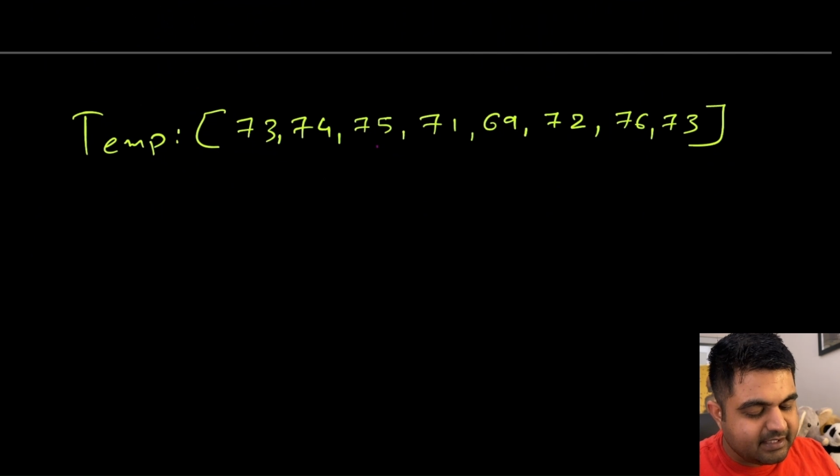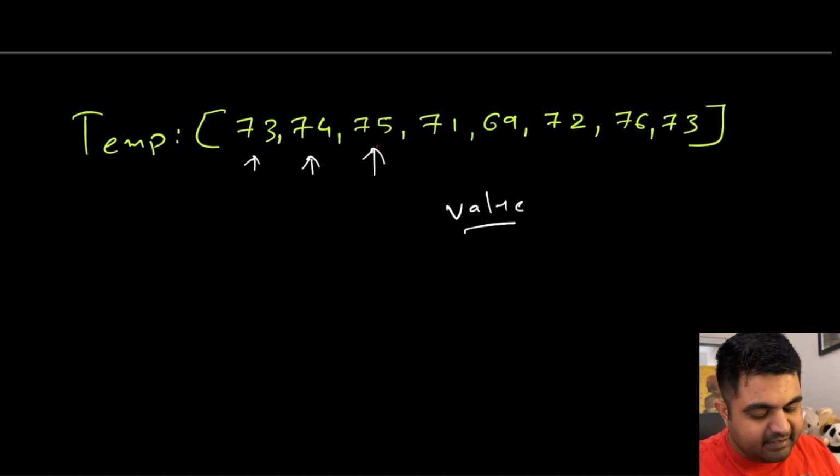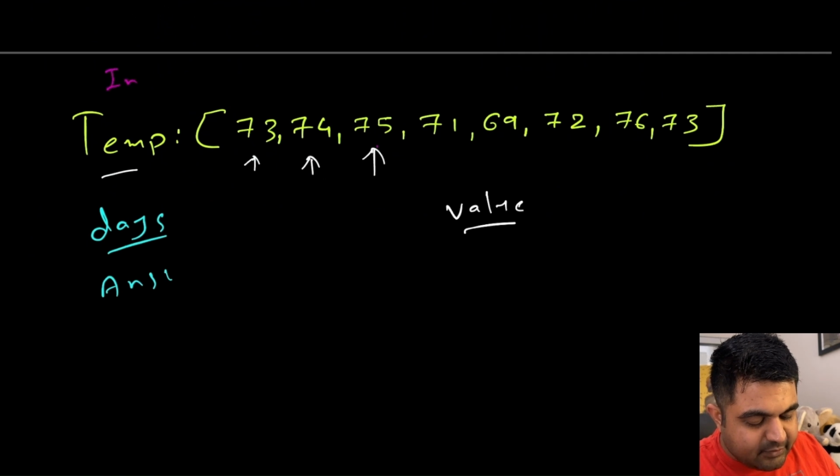Let's first understand a couple of properties. Number one, we are using the temperature to compare the difference between any two given values, which means we are dealing with the values of this given array. But in the answer, we need to store how many days apart any two entries are, and that we can find using the index values. Why?